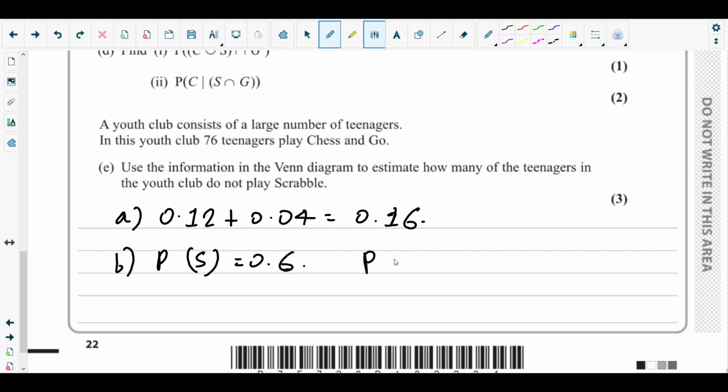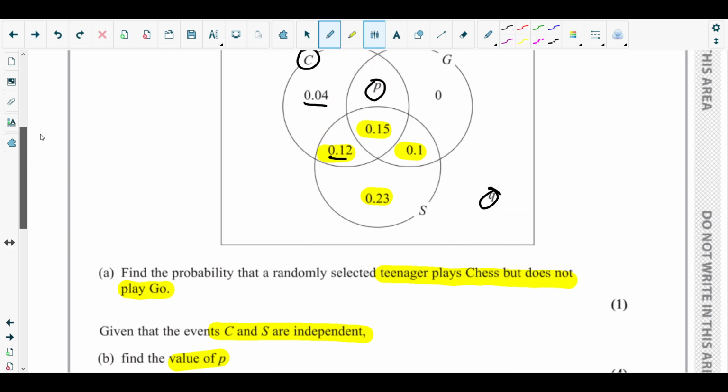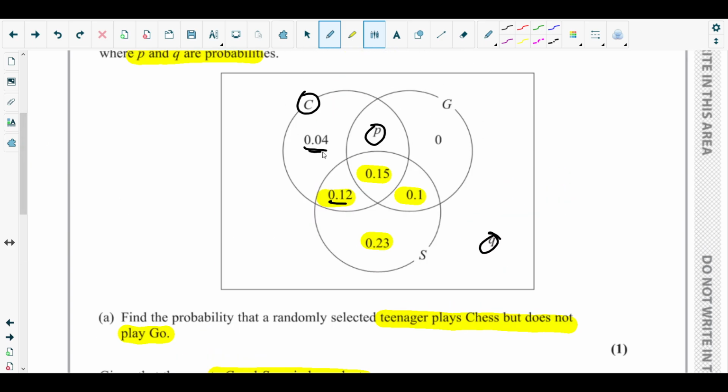Now the probability of playing chess, the probability of C. Since C and S are independent, consider C now. C is 0.04 plus P plus 0.12, that is 0.12 plus 0.04, which gives 0.16.